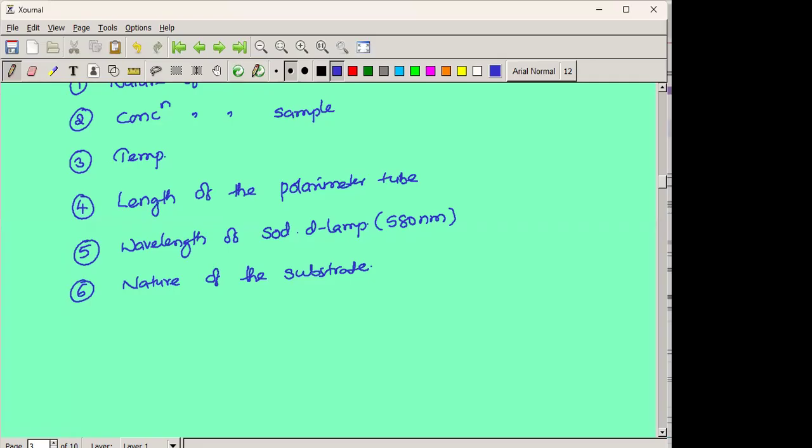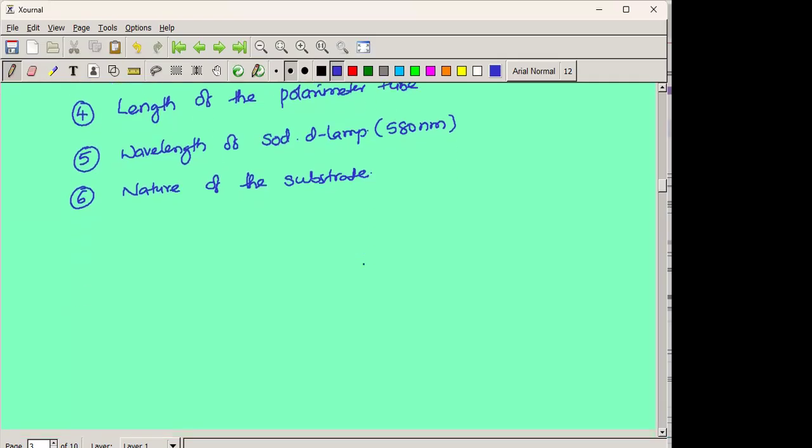Which kinds of molecules are considered optically active and which are optically inactive? Generally the molecules are classified as symmetric molecules or asymmetric molecules. Based on that classification, we will now discuss.